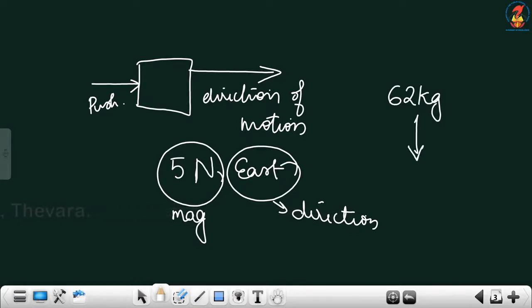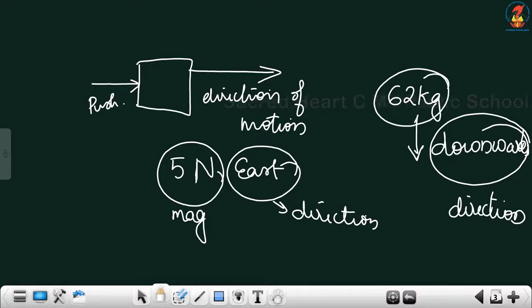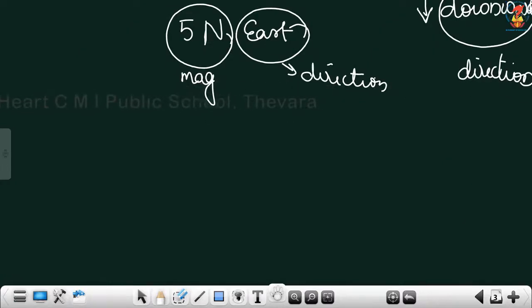Downwards is the direction, and that one is the magnitude. Now, I am considering only that magnitude part.